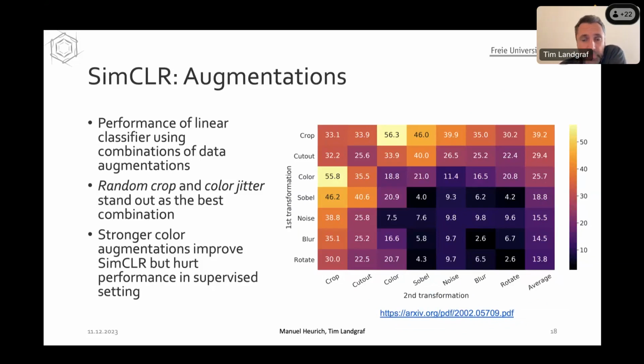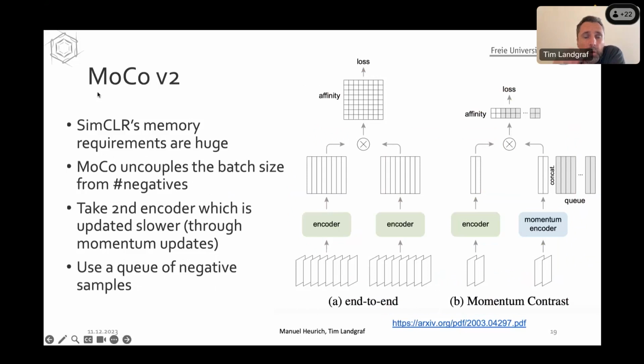Okay. Now, MoCo. MoCo is short for momentum contrast, and it addresses a problem that we see in SimCLR, which is the memory requirement. So here they call it end-to-end because they basically train the encoder going through both branches of our two augmentations.